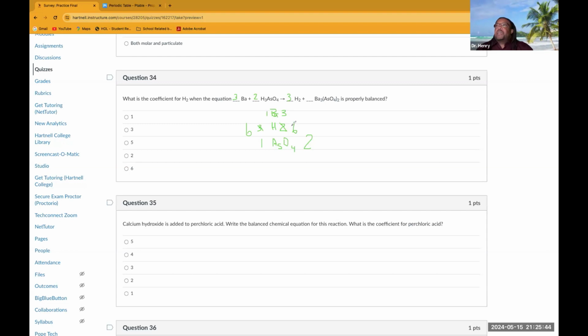So then everything else is balanced. So what is that? 3. And that would give me 2. Okay, so then what is the coefficient in front of H2? 3. Okay.